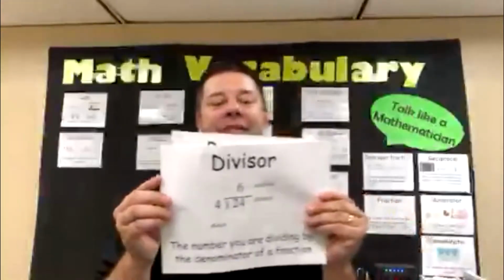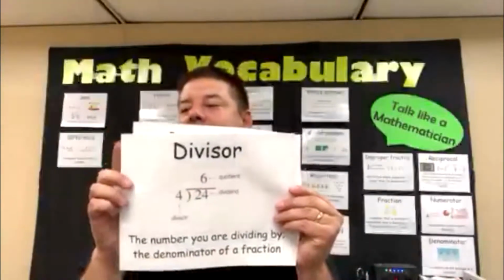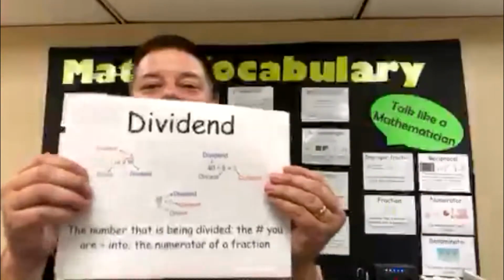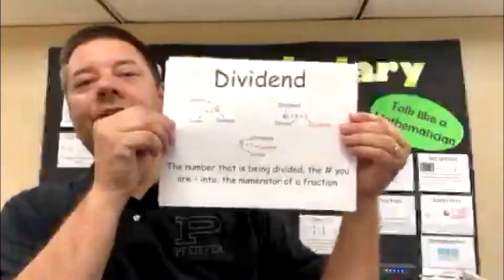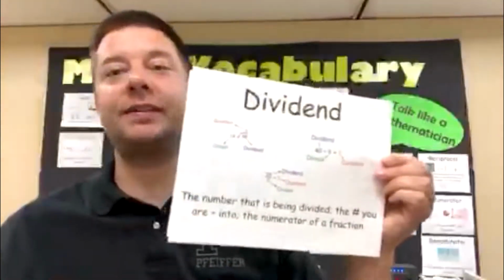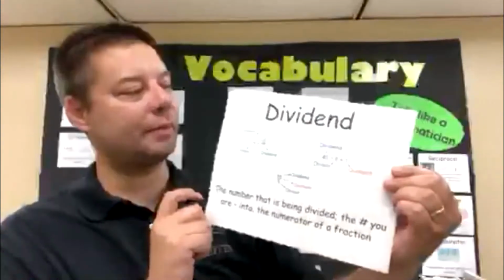If that's the divisor, then the other one is the dividend. Wow, that was a tremendously smooth transition there. So the dividend is a longer word, divisor is a shorter word. Usually the dividend is the longer of the two numbers.